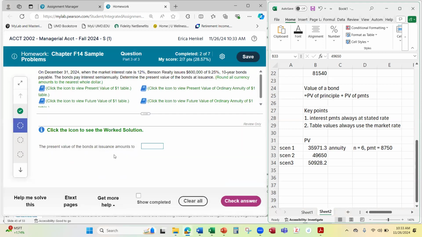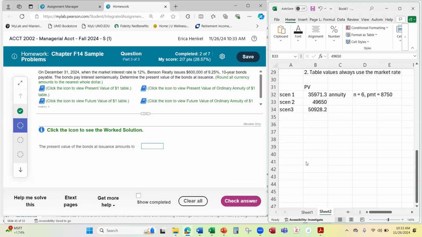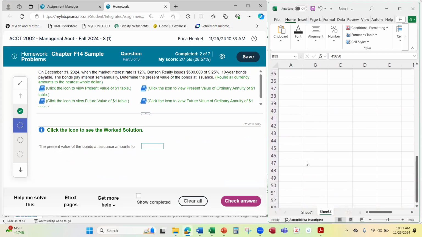All right, so here we've got a bond example. On December 31st, when the market interest rate is 12%, Benson Realty issues $600,000 of 9.25%, 10-year bonds payable, and they pay semi-annually. So what is our N for number of periods? 20, yeah, 10 times 2.